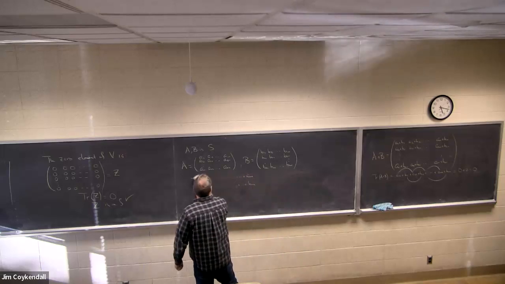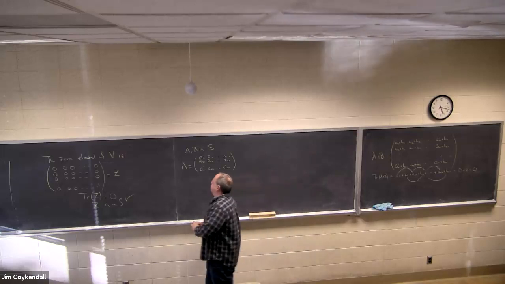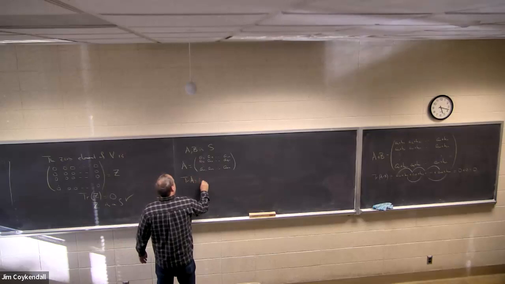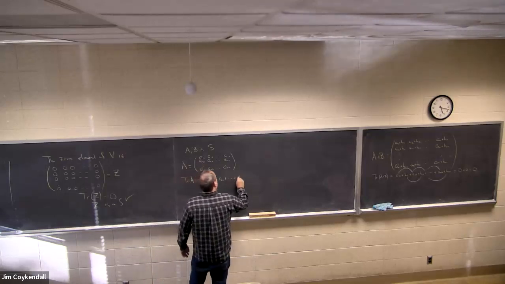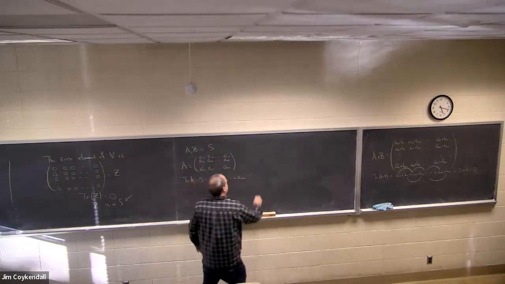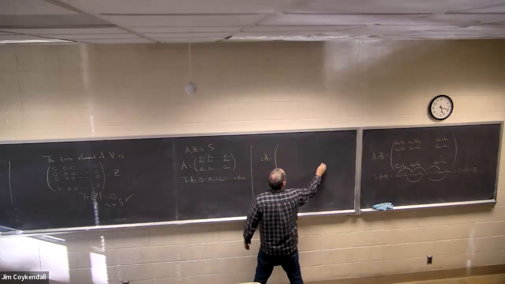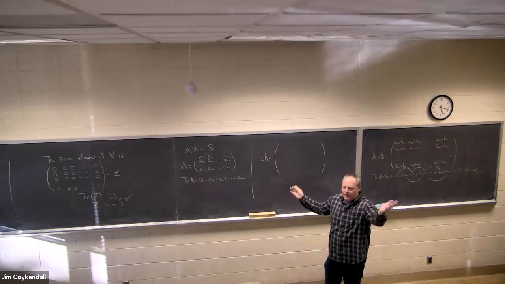So let's go back to this. What about a constant C times A? How do I multiply a matrix by the constant C? I just multiply everything in there.